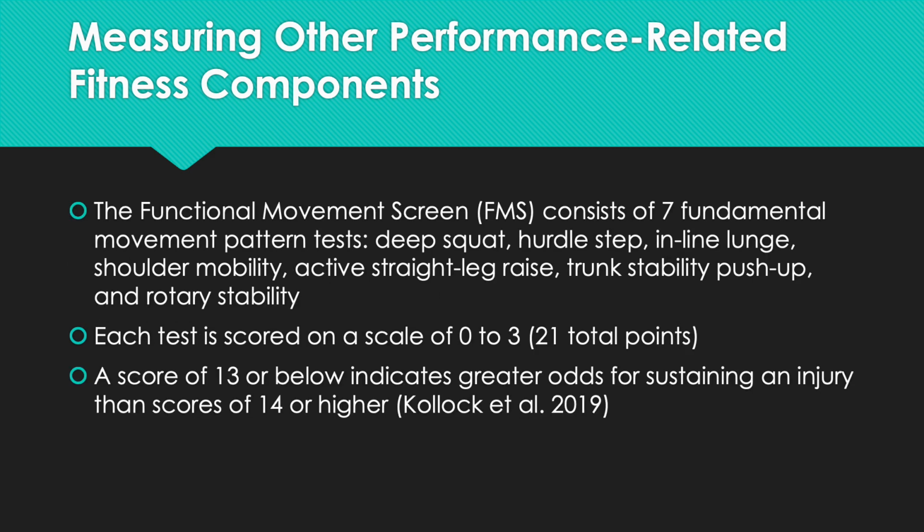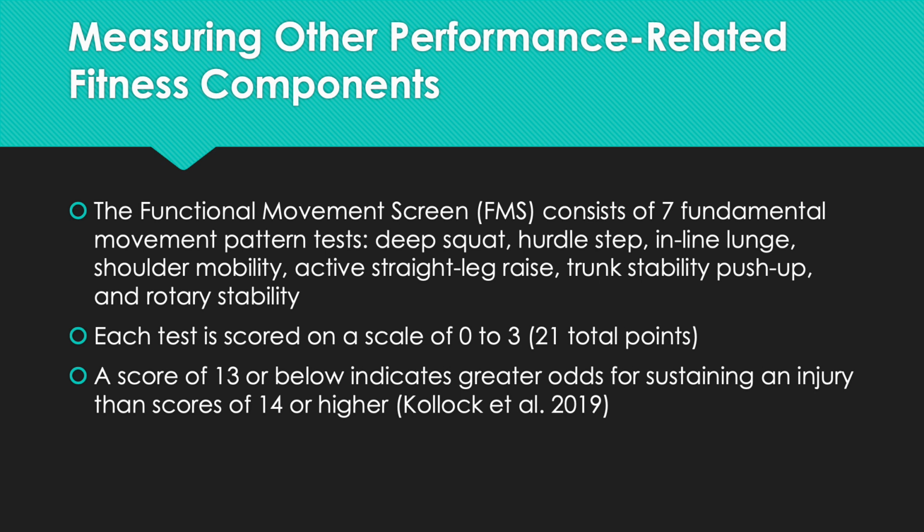There are also a variety of performance-related fitness tests that look at multiple different components. One example of this is the functional movement screen, or FMS. FMS consists of 7 fundamental movement pattern tests. These include the deep squat, hurdle step, inline lunge, shoulder mobility, active straight leg raise, trunk stability push-up, and rotary stability.